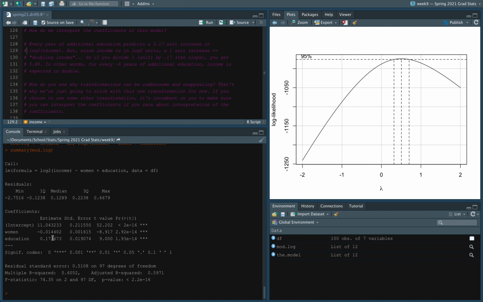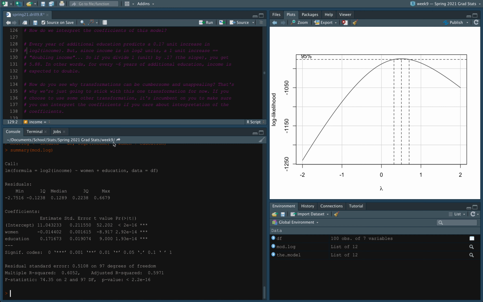No, because you're not talking about a 1 unit increase in income anymore. It's not just that a year of education increases your income by X dollars. Now you have to think in terms of doubling income, because that's your outcome variable.